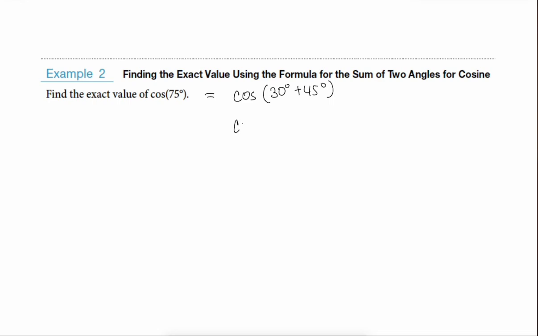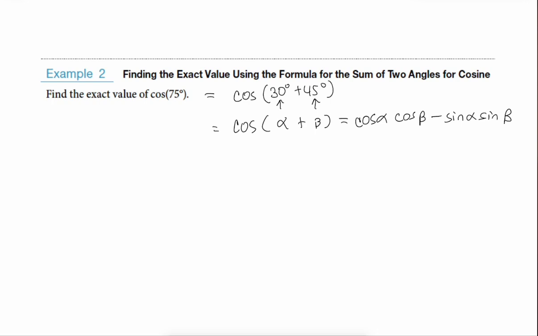This forces me to use the alpha plus beta formula, which is the cosine of alpha, cosine of beta, minus the sine of alpha, sine of beta. So in this particular case, that is your alpha, that is your beta. So I'm going to use 30 as my alpha and 45 as my beta.